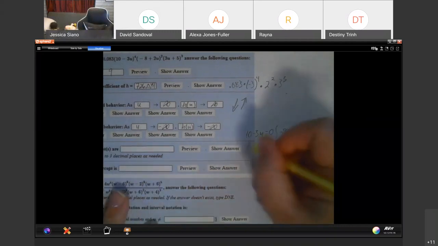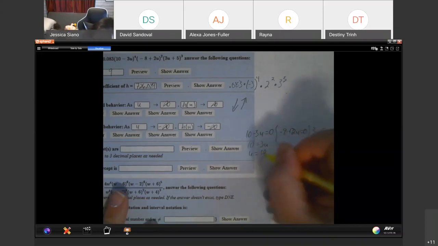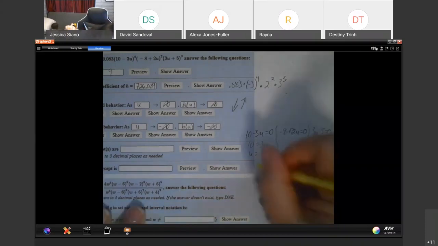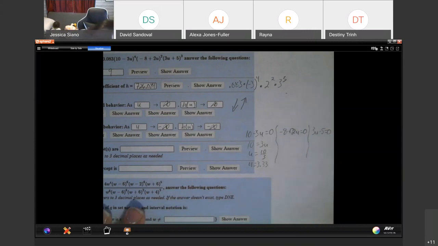So 10 equals 3u, and u equals 10 over 3. They want 3 decimal places. 2u equals 8, u equals 4. 3u equals 5, u equals 5/3, 1.667.